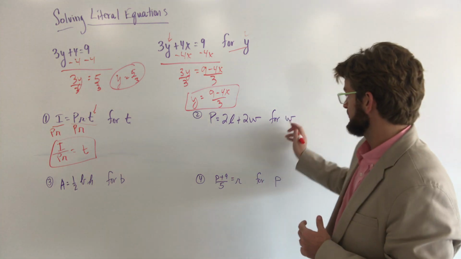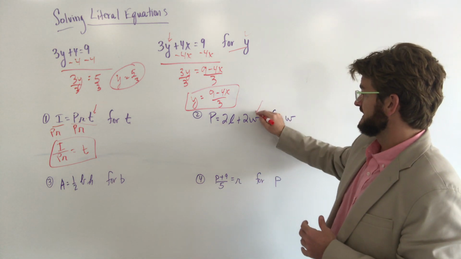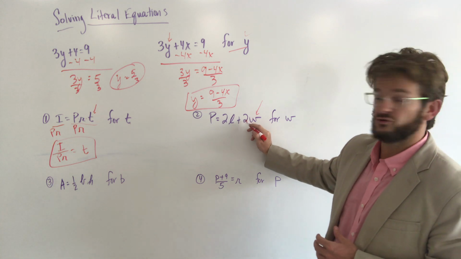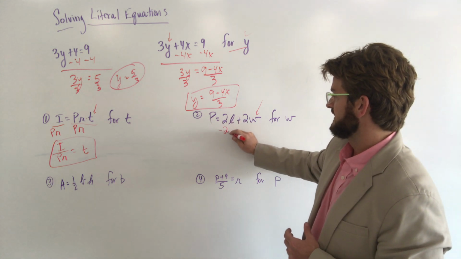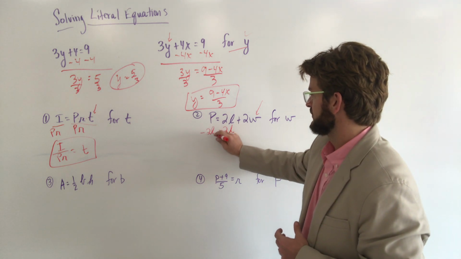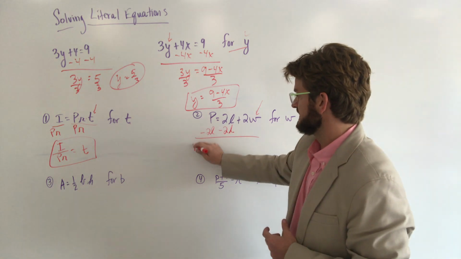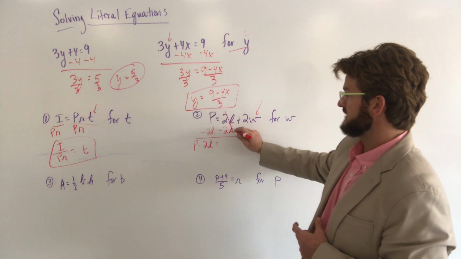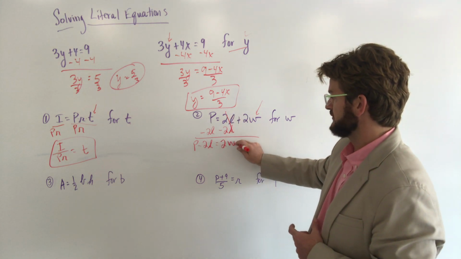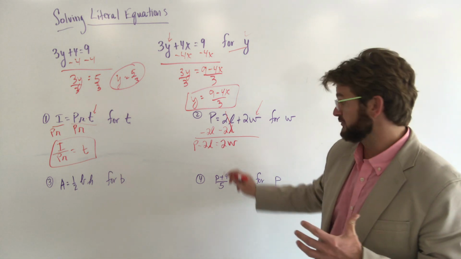Moving on to our next example, we're going to solve this one for W. Here's W, things in the way. We have this 2, and then we have this 2L. So we're going to deal with the 2L first. We're going to subtract 2L from both sides. So on the left side, we have P minus 2L. And on the right side, that became 0, and we're left with 2W. And then we're going to divide both sides by 2.